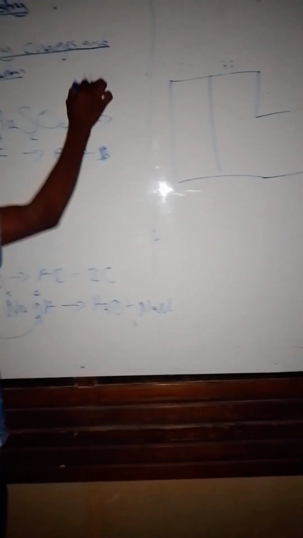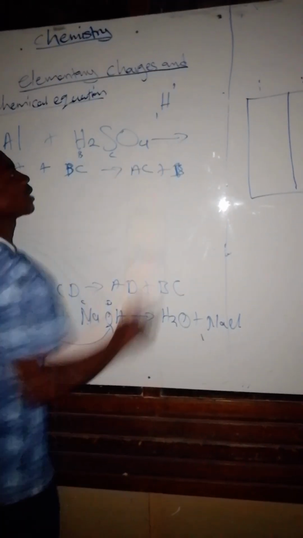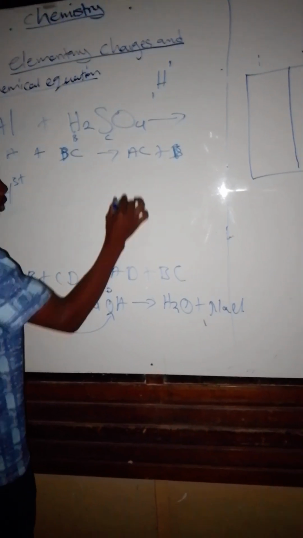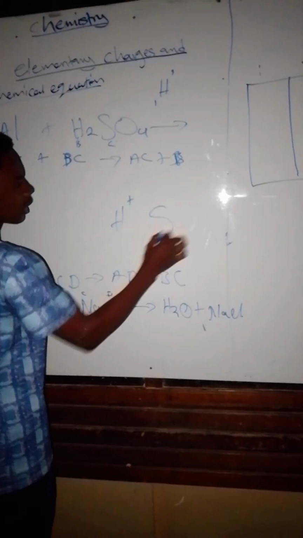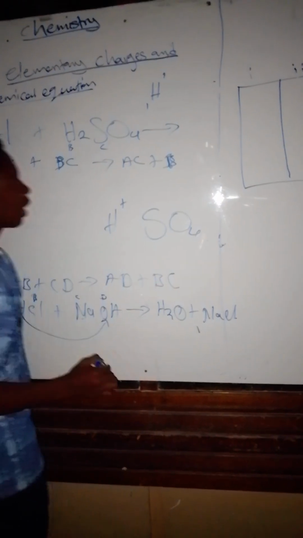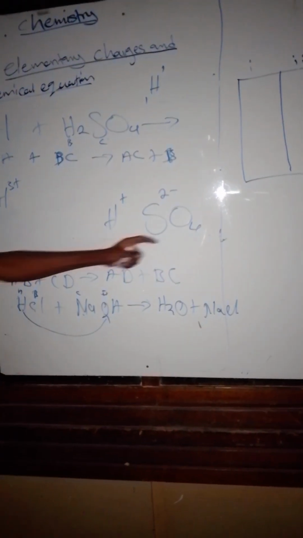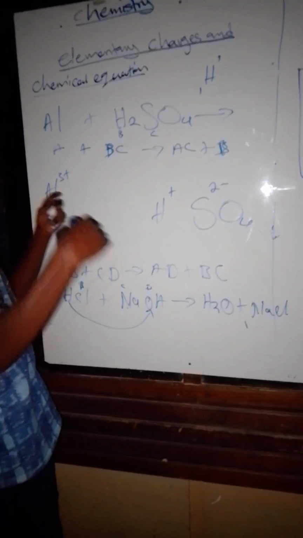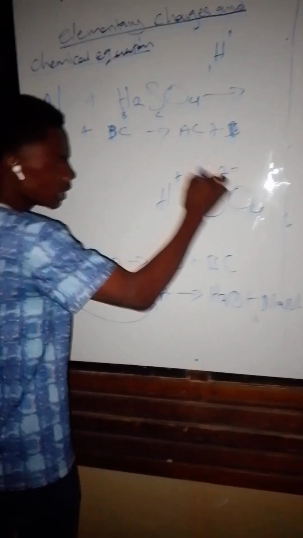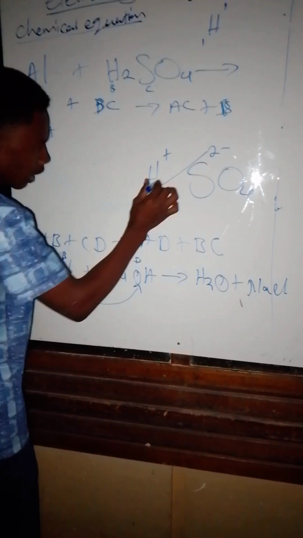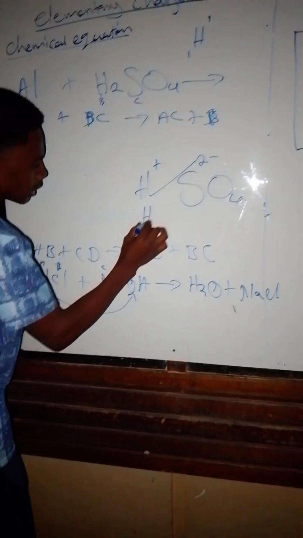On the periodic table, the proton number of hydrogen is 1 and so is the mass number. Now, what do you think these two came from? At first, this was hydrogen positive 1, then sulfate is a radical with a charge of negative 2. Since these valences are not equal, they can't cancel each other. They interchanged them. So they got this 2 from sulfate and gave it to hydrogen, and it became like this.